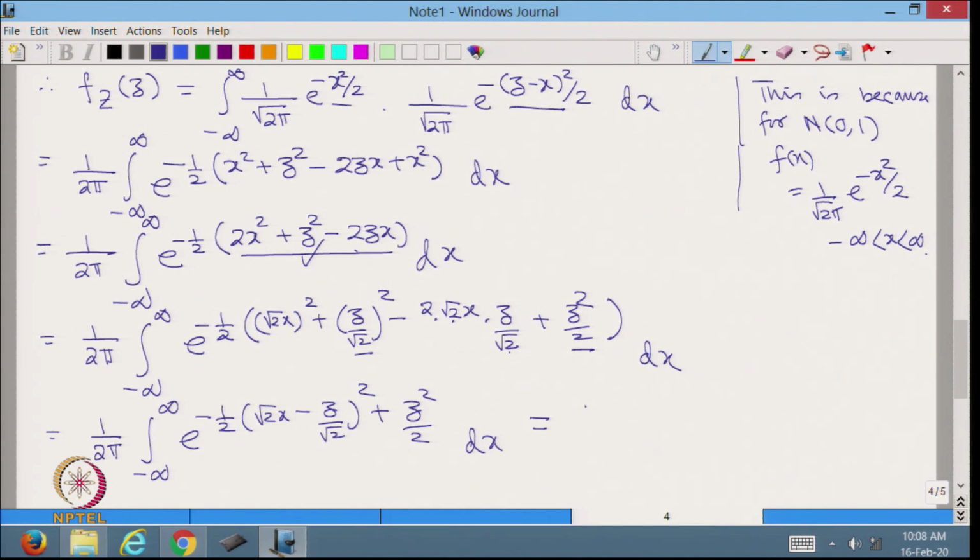This is equal to 1 over 2 pi e to the power minus z square by 4, because these two and these two together will give me z square by 4, times the integration from minus infinity to infinity of e to the power minus half root 2 x minus z by root 2 whole square, dx.